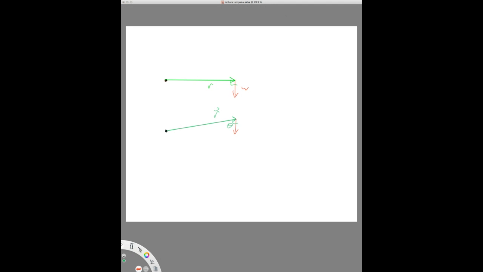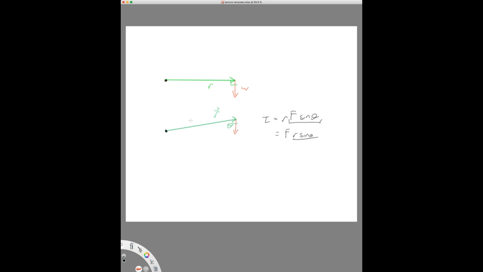But remember that torque is R times F times sine of theta. When we first developed that, I said that we're looking for the component of the force that's at a right angle to R, but it would be just as good for us to put F times R sine of theta, which means it's the force times a piece of R that's perpendicular to the force.